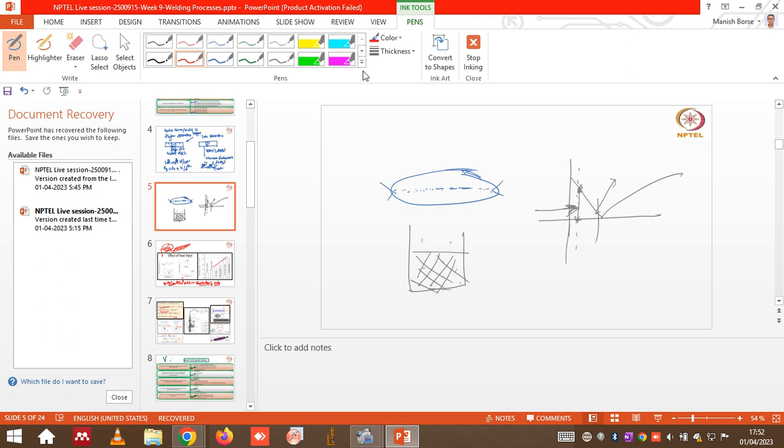So aluminum is a very poor absorber of the laser, and it will reflect almost, I think, 90% of the incident energy. So we definitely can't use laser welding for joining aluminum alloys. But in the same way we can use it for other materials which have lower reflectivity.